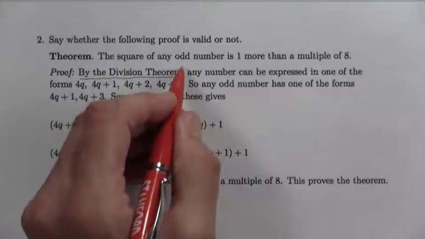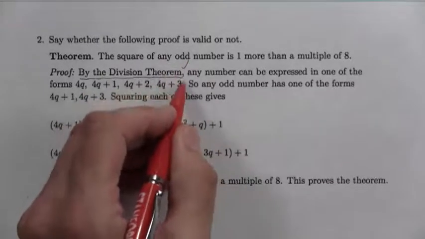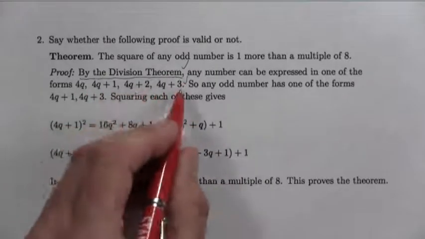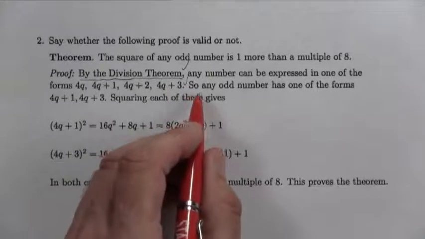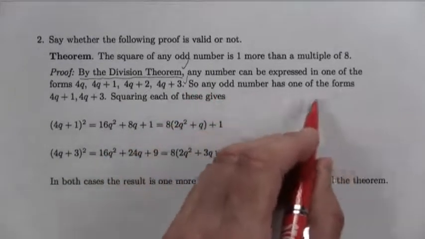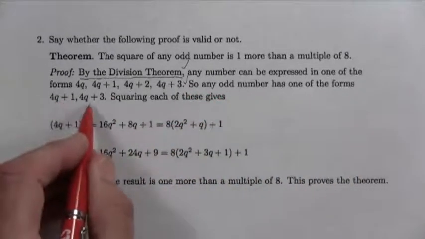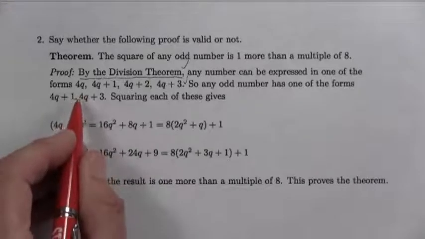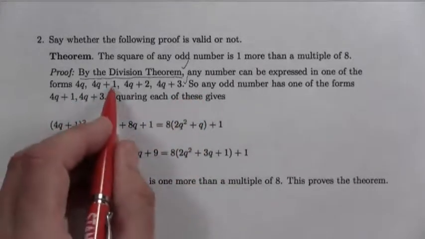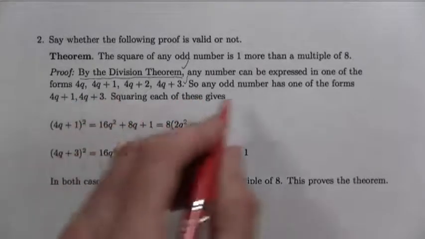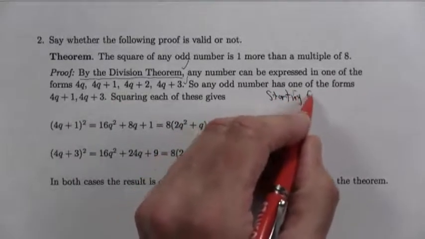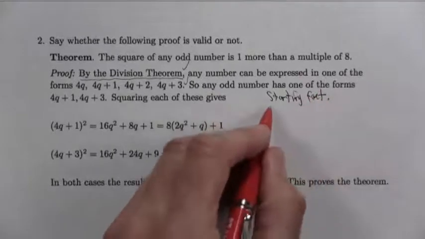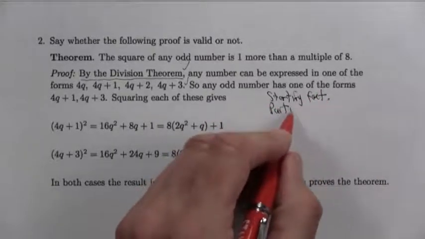So we've stated the assumption, and we've correctly derived an instance of that assumption. Therefore, any odd number has one of those two forms because the other two are even. So now I've particularized this fact. Okay, so I've got a starting fact, and then I've got a particular consequence or a particular case.